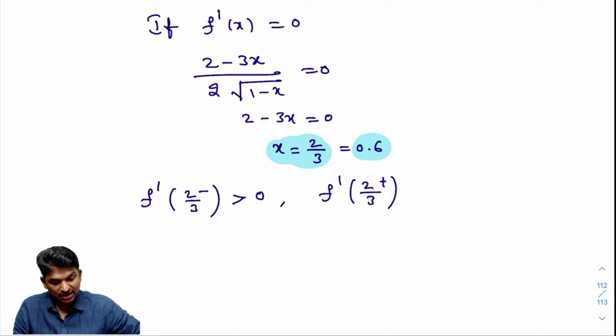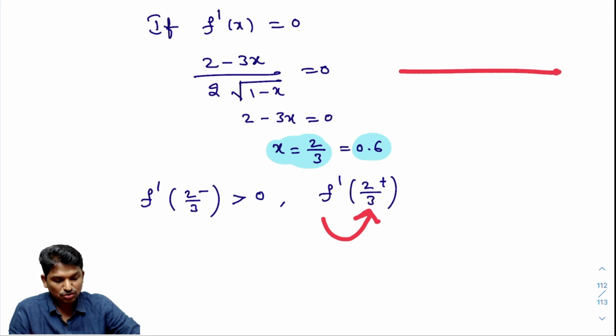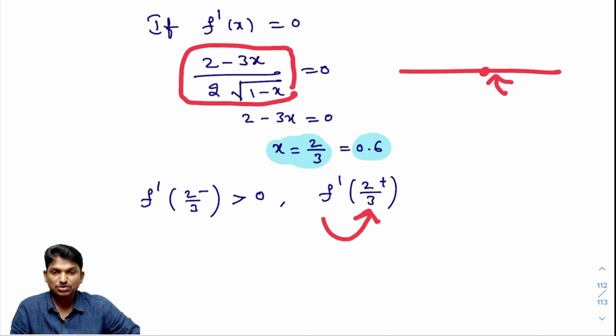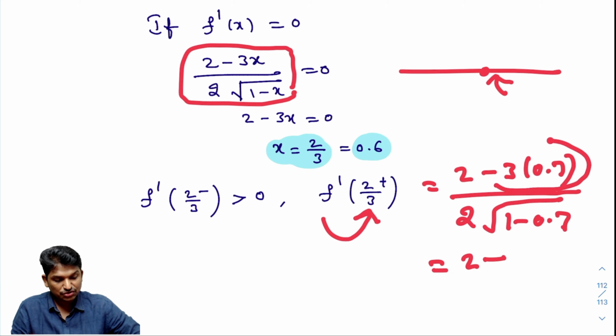Now f dash of 2 by 3 from right, that means all x values greater than 2 by 3, very nearer to 2 by 3. So 2 by 3 is 0.6, so you take 0.7, right? Take x equal to 0.7, substitute in f dash of x. (2 minus 3 into 0.7) divided by 2 into root over 1 minus 0.7. You observe numerator, 3 into 0.7 is 2.1, right?